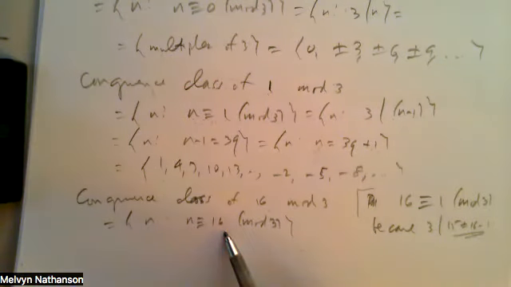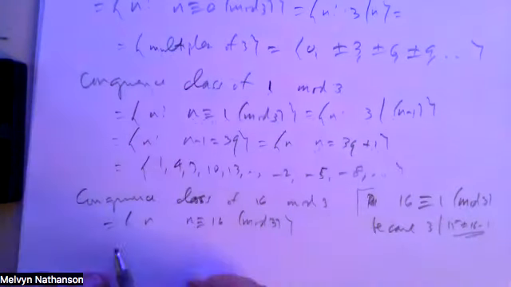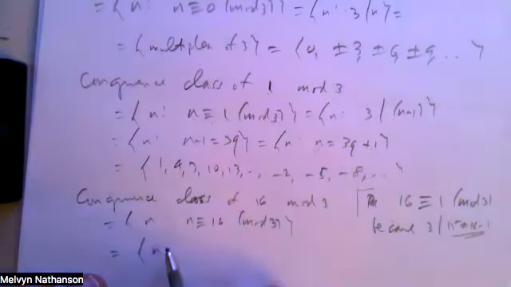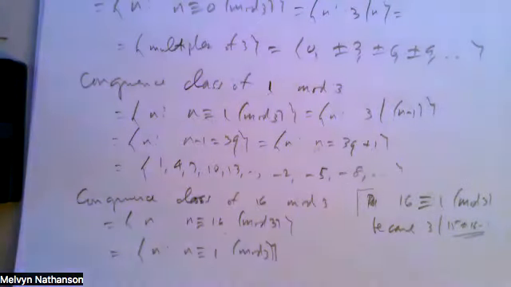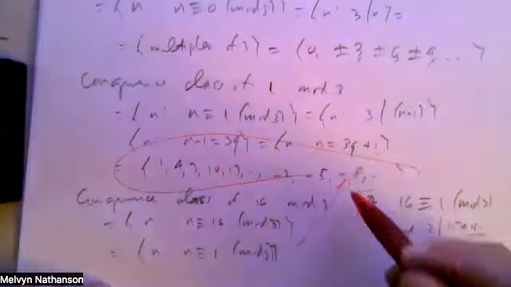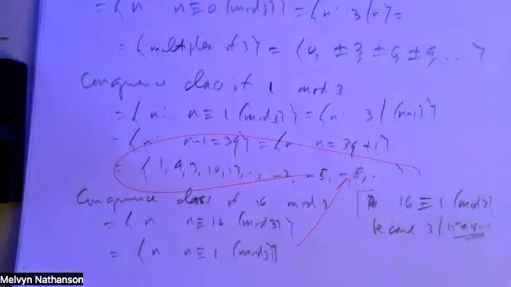So if n is congruent to 16 and 16 is congruent to 1, by transitivity, this is all n congruent to 1 mod 3, which is exactly this set we found a moment ago.